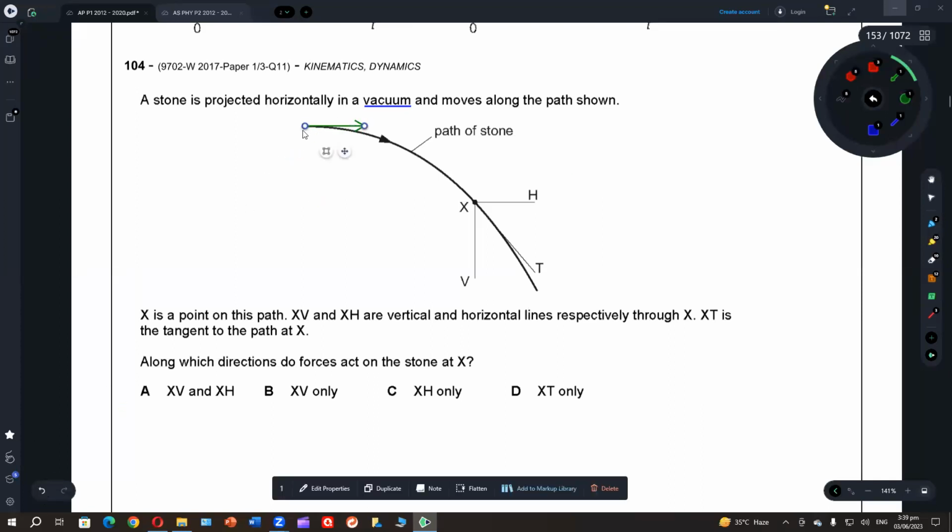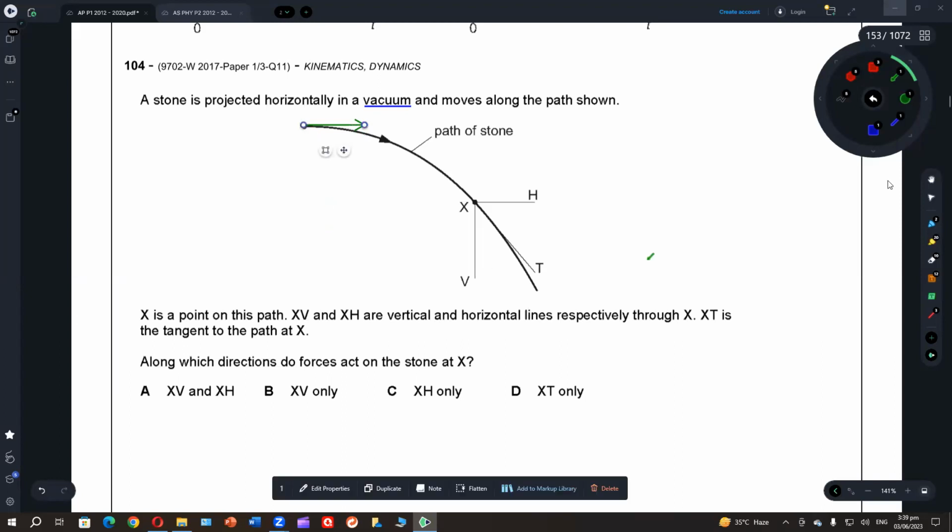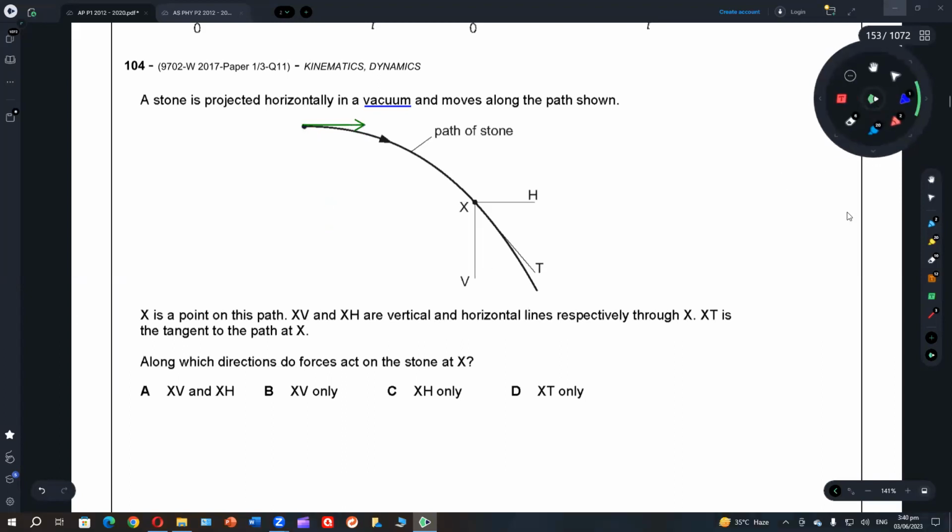Yes, air resistance is definitely 0 because it's traveling in a vacuum. And he says horizontal. So initially, Vx is there, Vy is 0.